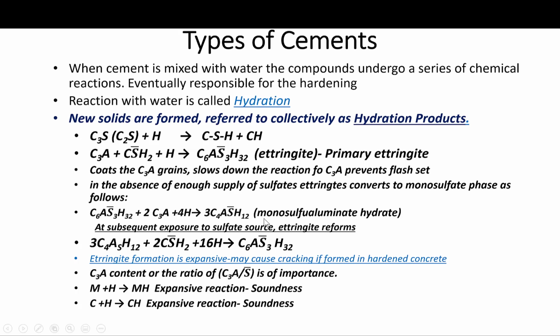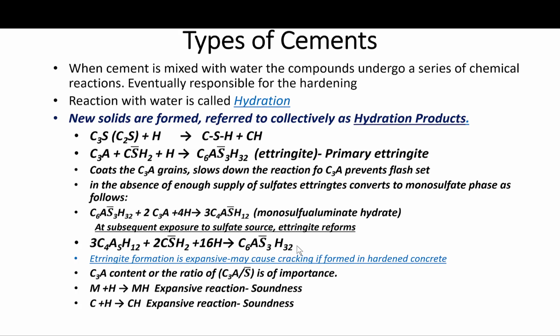At subsequent exposure to a sulfate source, ettringite reforms one more time according to this equation: the monosulfoaluminate plus the gypsum, or the sulfate, plus water will form ettringite one more time. This is really the essence of the sulfate attack.